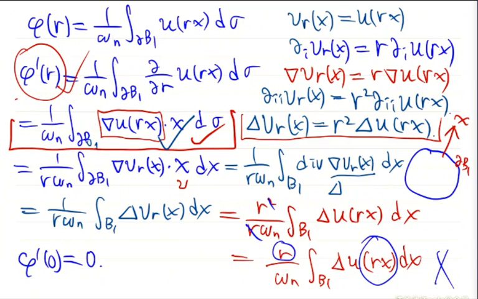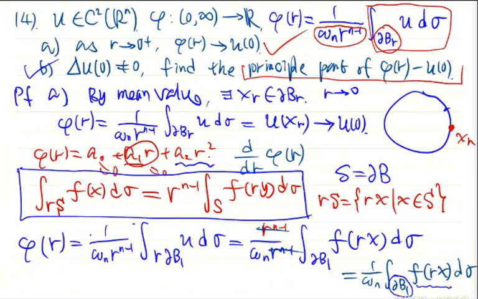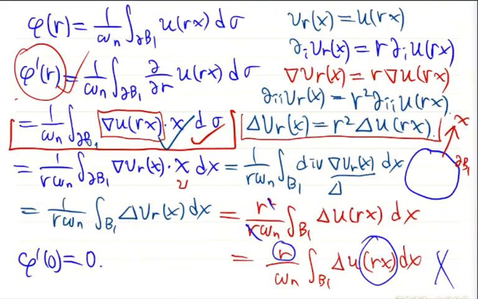We don't know whether phi is differentiable at 0. By the definition of phi in this form, we don't know whether phi is defined at 0, or even if it is defined, we don't know whether it is differentiable. This is a problem. So in principle, we could not compute phi prime(r) and then let r equal to 0 to obtain the derivative of phi at 0.